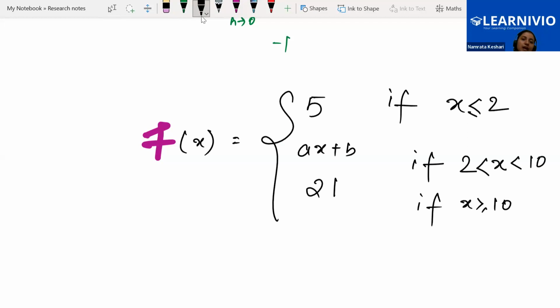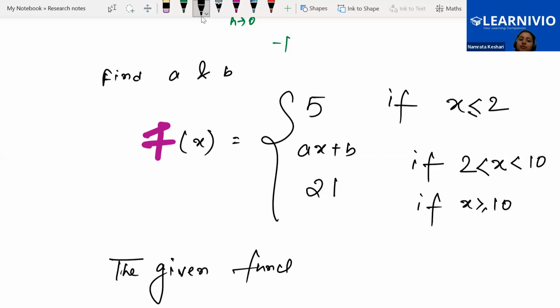Then we have to find a and b if the given function is a continuous function. What can be done over here, Fatima?